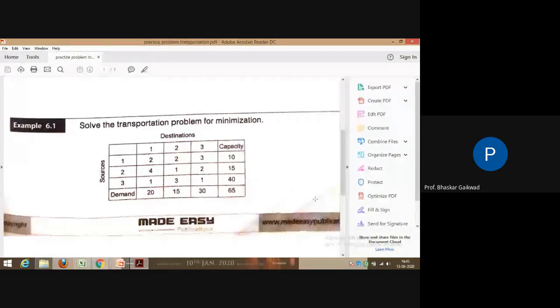Now you can go to the third row. So which place is the northwest corner? The remaining part only you have to consider. At 1, sir. 1.